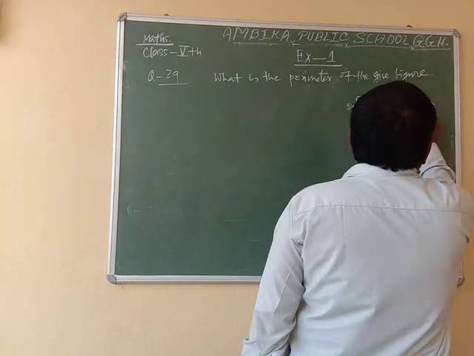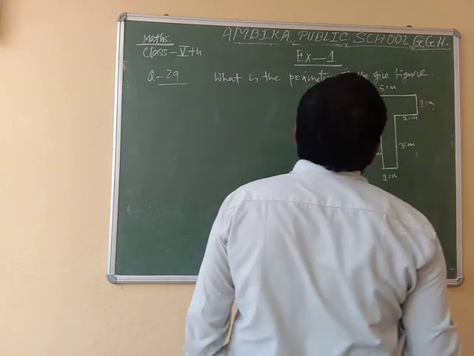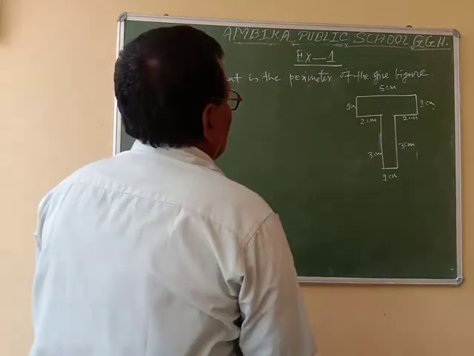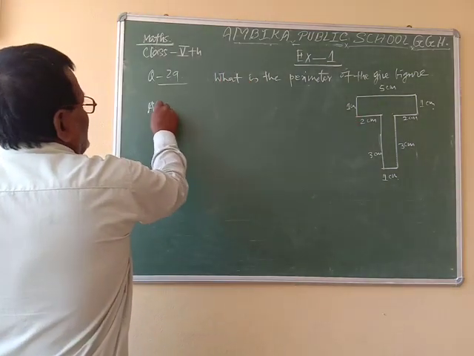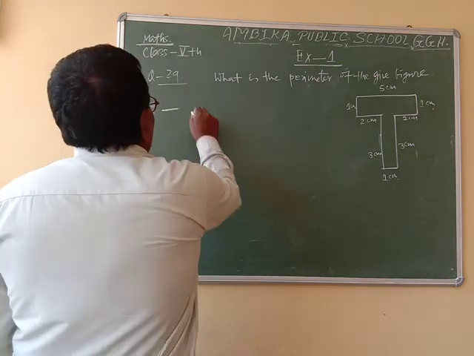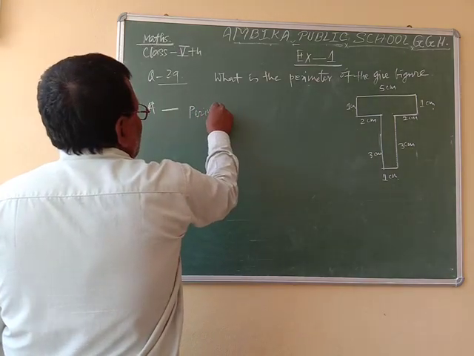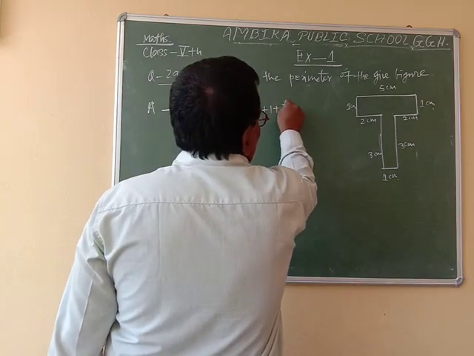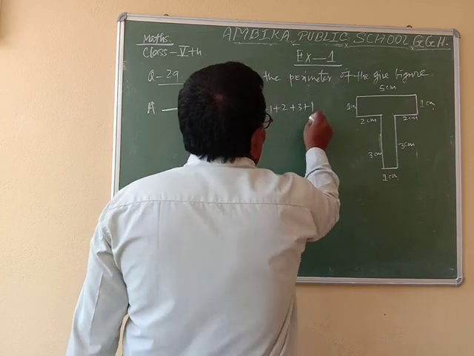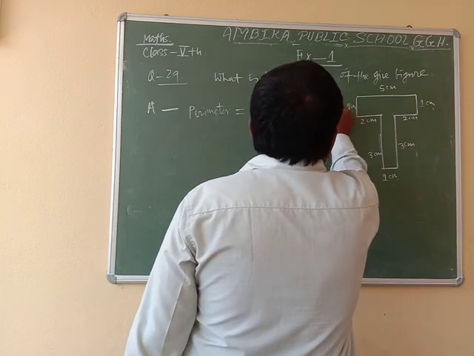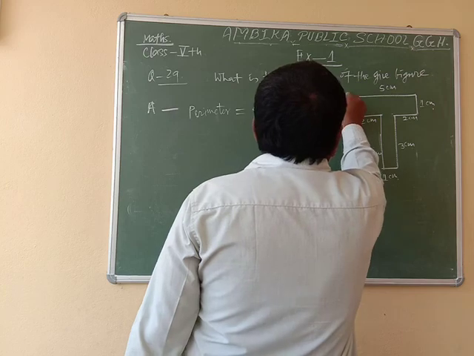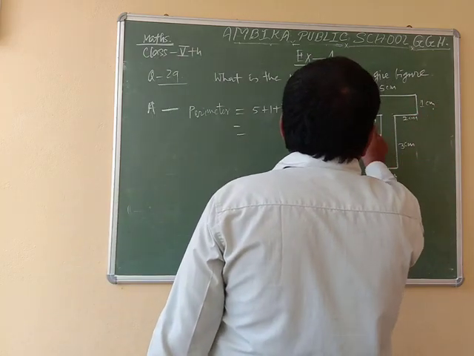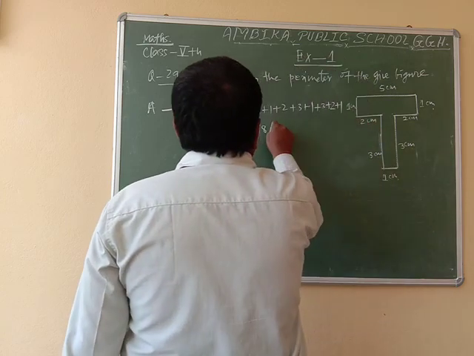To find this perimeter of this figure, we add the length of all sides. We have the length of all sides. Perimeter is equal to 5 plus 1 plus 2 plus 3 plus 1 plus 3 plus 2 plus 1 is equal to 18 meter.